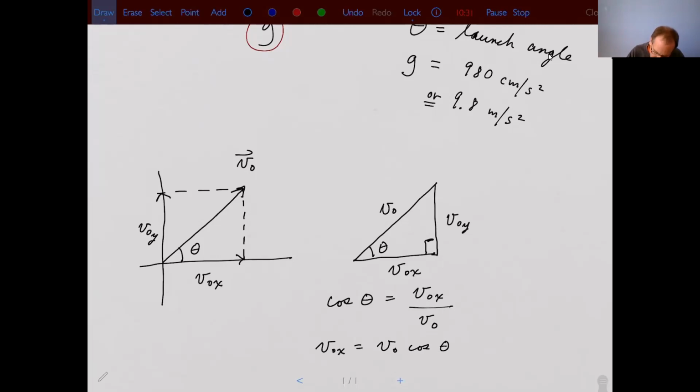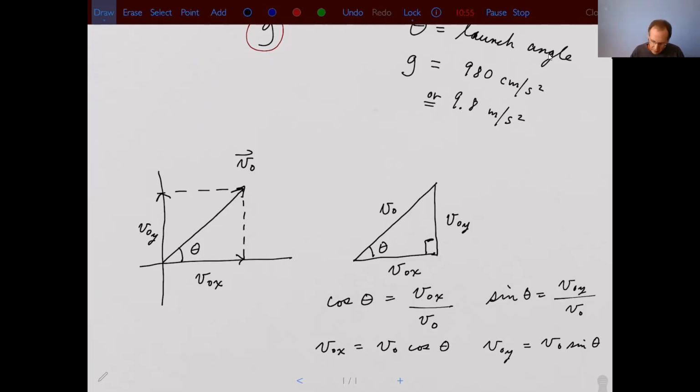So sine is opposite, so v naught y over hypotenuse. If I want to find v naught y, I would multiply both sides by v naught, and I'm going to get v naught times sine of theta. So if you know the launch speed and you know the angle, then you can easily calculate the components.